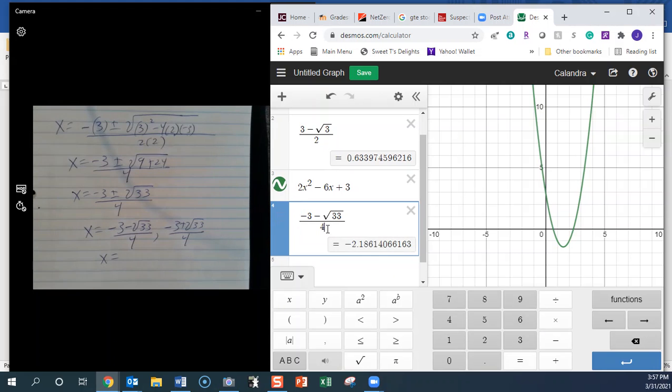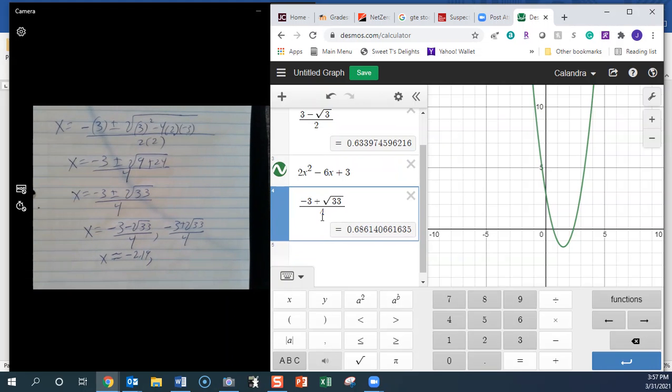So it'd be negative 2.19, comma, and we would change this to addition, and then it'd be 0.69. I'm sorry, 0.69, not 0.67. And these two are your final answers.